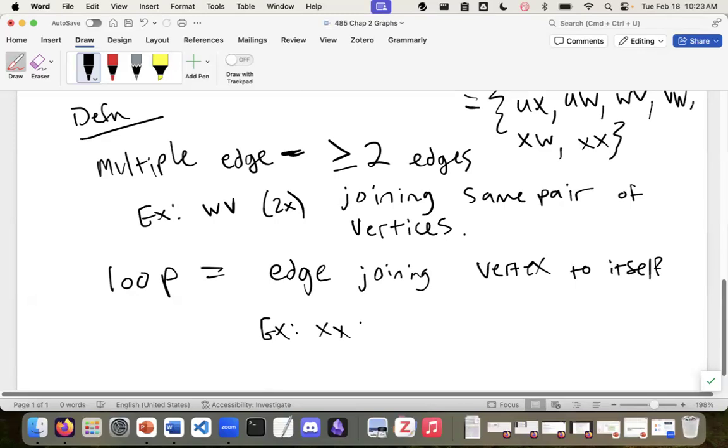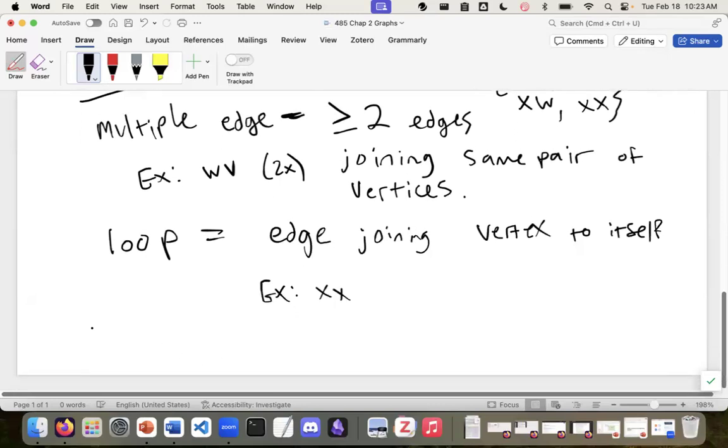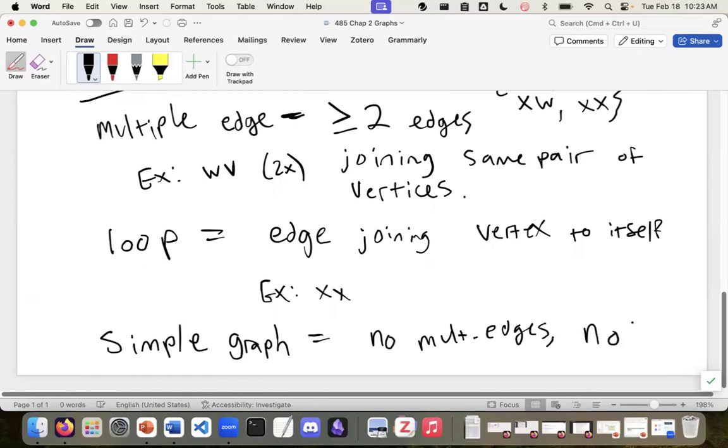That's a loop. So then what we call a simple graph is basically just a graph with no multiple edges and no loops.